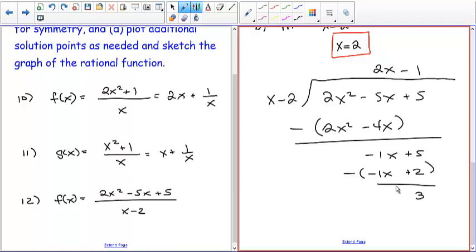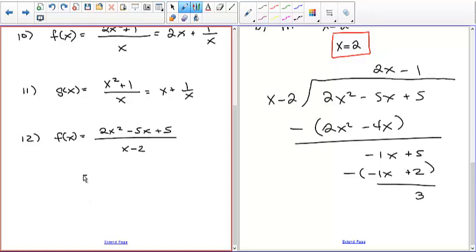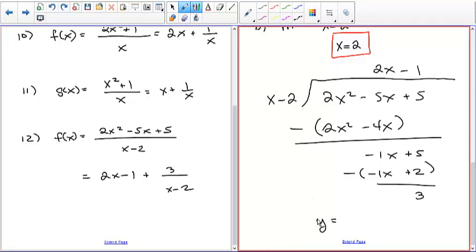So if I wanted to, I could rewrite this as 2x minus 1, and then you take the remainder and divide by the original denominator. The whole idea of the slant asymptote is when x gets very large, this ratio goes to 0, and you're just left with the equation. So my slant asymptote is y is equal to 2x minus 1. So that's my slant asymptote.